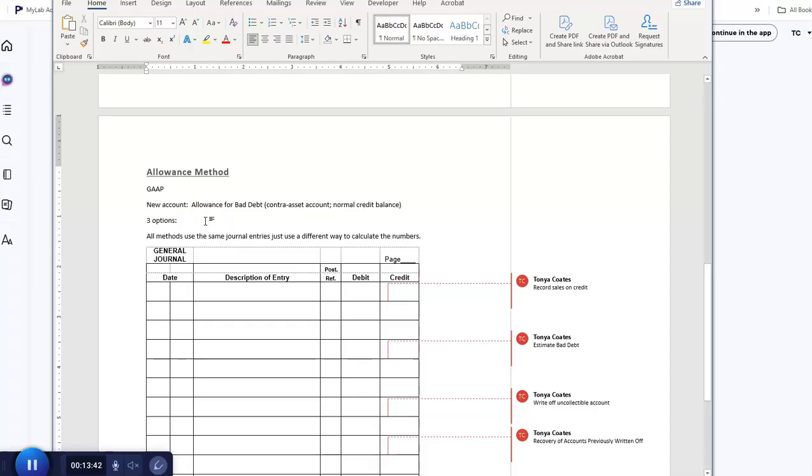We're going to look at 3 different options under the allowance method. So companies would pick one of these options and use that. We don't typically keep changing back and forth. One option is the net sales method. Then we're going to look at aging of receivables.